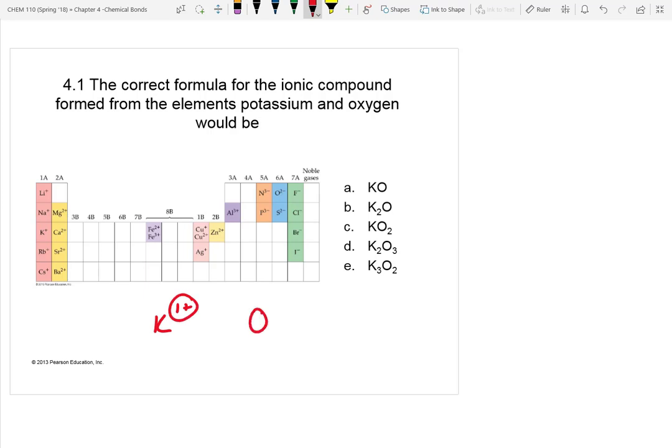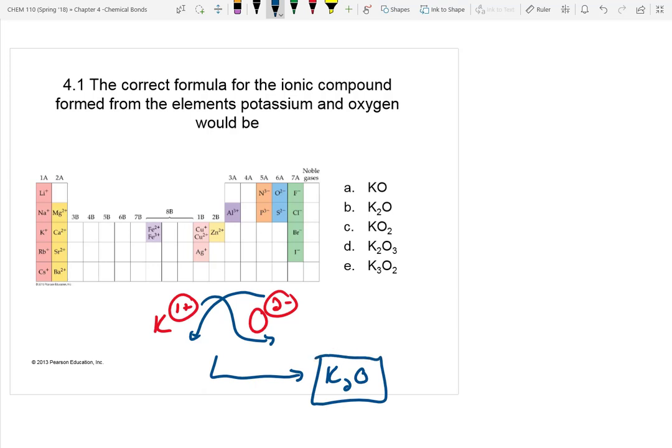Oxygen has what charge? 2 minus. We can go ahead and we can say, all right, we're going to do the flip trick. That means that it must be K2O, right? So for this one, the correct answer would be B. So learning those simple tricks can sometimes make your life a lot easier. If you prefer actually drawing out the atoms and visualizing it that way, you're more than welcome to. Does that make sense?